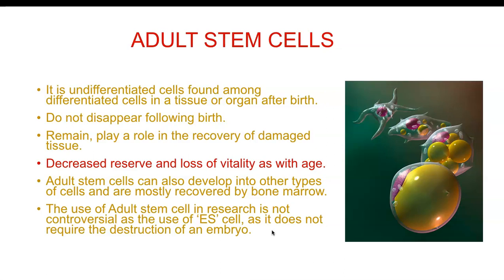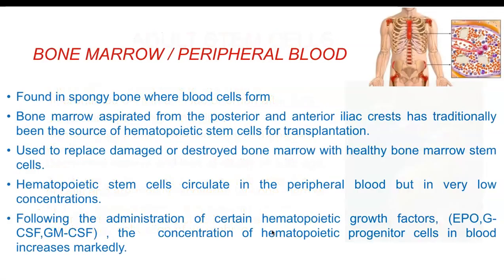These stem cells can develop into other types of cells also, and are mostly recovered from the bone marrow. The use of adult stem cells in research is also not controversial, because the use of embryonic cells requires the dissection of an embryo, which adult stem cells do not.